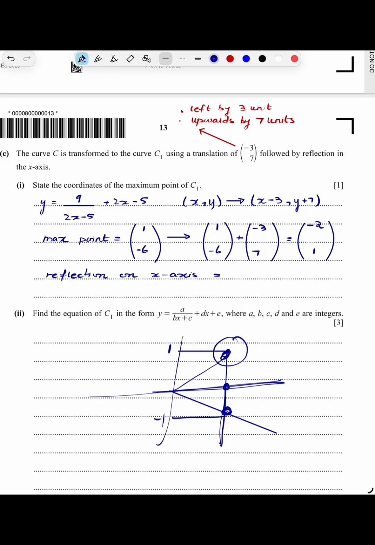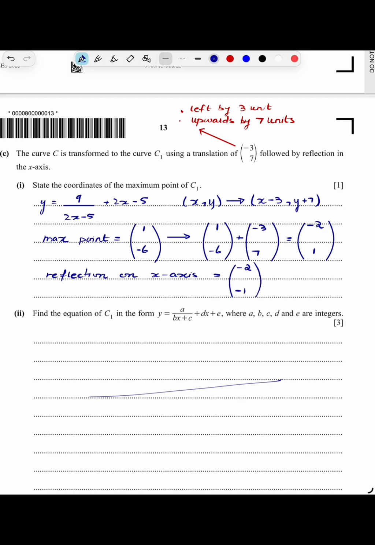So the value of the x coordinate remains the same, whereas the value of y changes its sign. It only asked for the coordinates of the maximum point on the new curve, so we just wanted to tell the points.